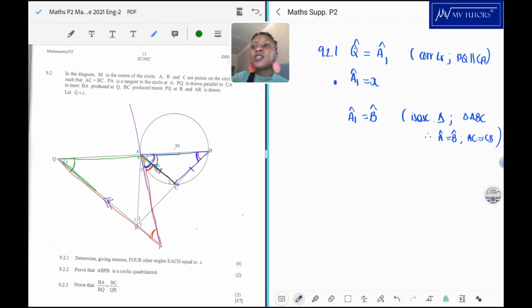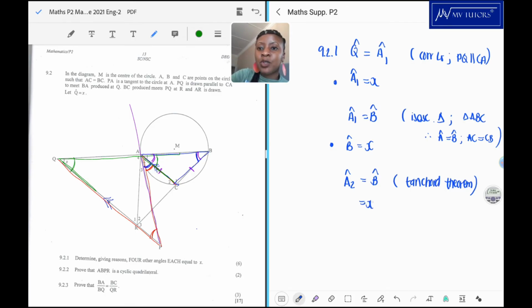So now B becomes X. There's the second one. Then we have the tan-chord theorem. So we know that A2 is actually equal to B, because of the tan-chord theorem. And since B is X, A2 will also be X. So we have number 3 here.